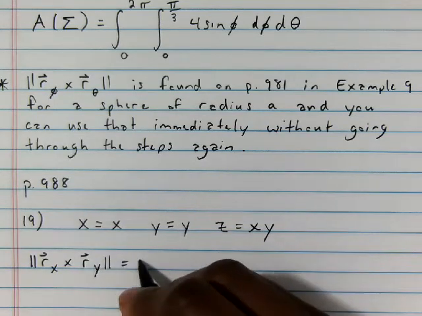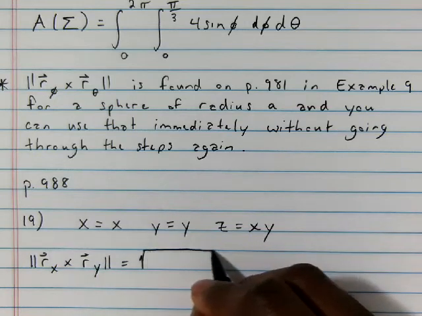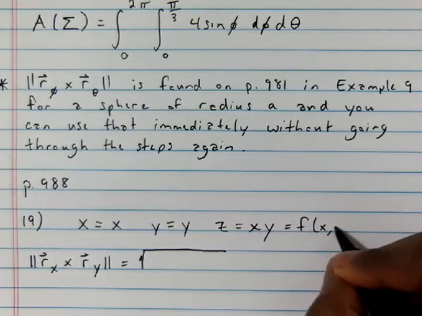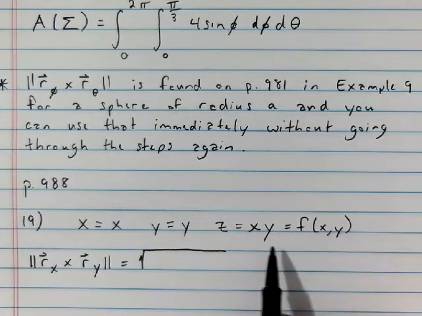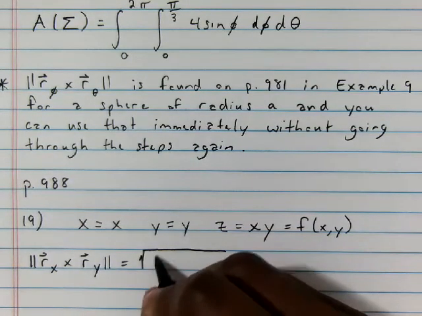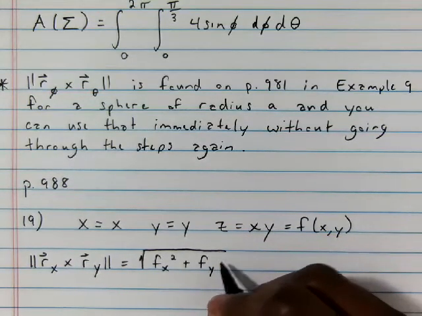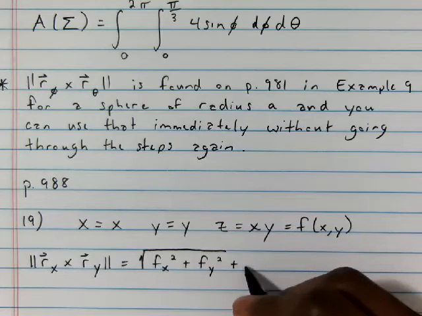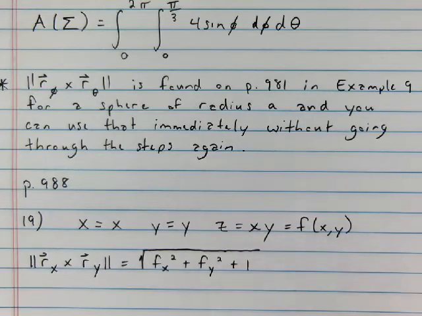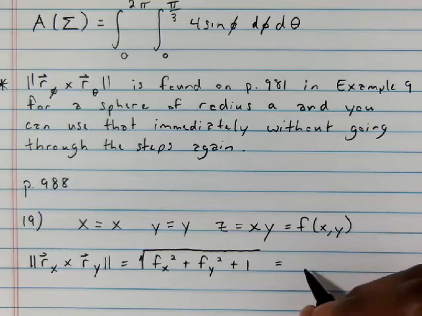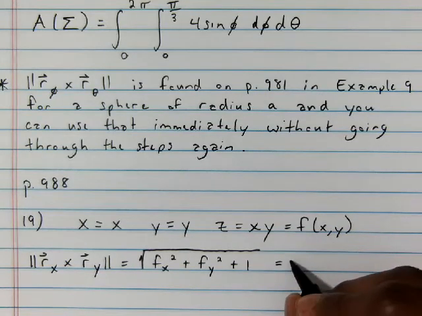They give it to you. This is our f, so let's put that up there. It's the partial of f with respect to x squared plus the partial of f with respect to y squared plus 1. So for us, that would end up being y squared plus x squared plus 1.